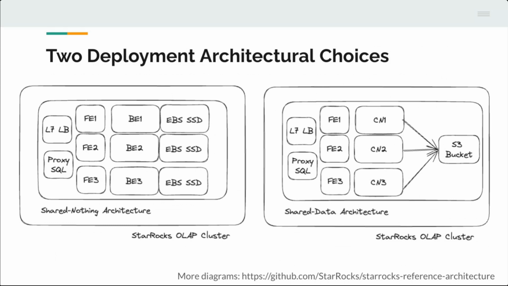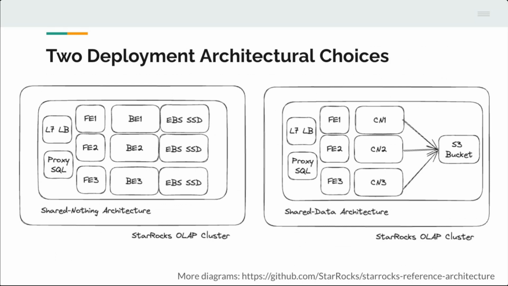We also support two different types of deployment architectures. First, we have the shared nothing architecture. This is much closer to how Redshift is deployed, where storage and compute are on the same VM, on the same node. Then we have the shared data architecture, which is slightly different.